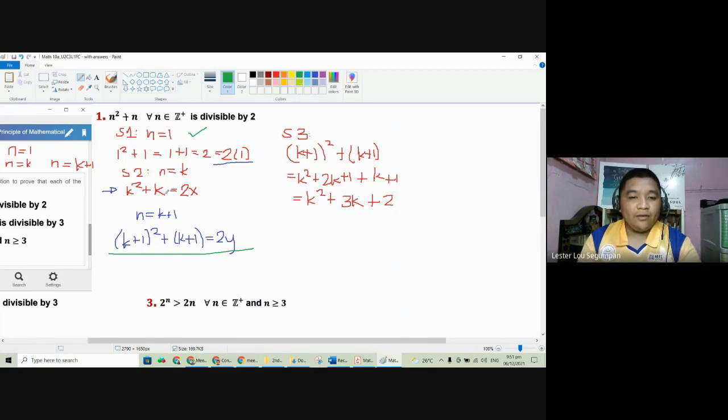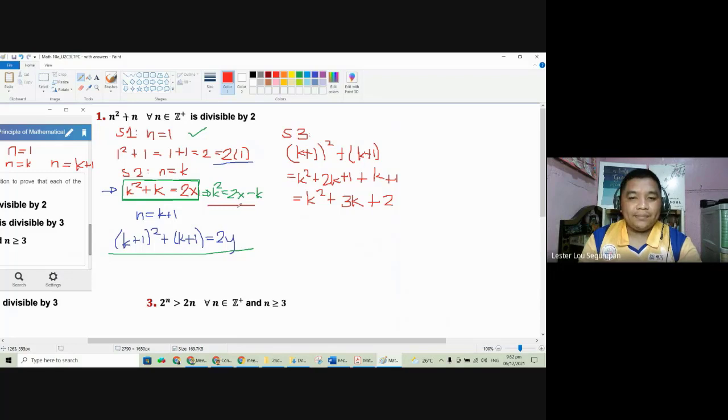We do have a value here earlier that we could have assumed, this expression. So we could actually manipulate this in such a way that k squared is equal to, subtracting k from both sides, 2x minus k. This is the algebraic representation of k squared. And why do we need this?